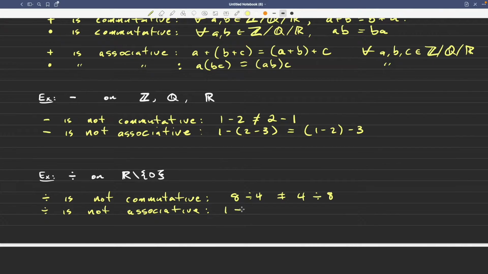So 1 divided by (2 divided by 3) is not the same as (1 divided by 2) divided by 3, because on the left-hand side you get 3/2. So 1 divided by 2/3 is 3/2. But on the right-hand side, you get 1/6. 1/2 divided by 3 is 1/6.